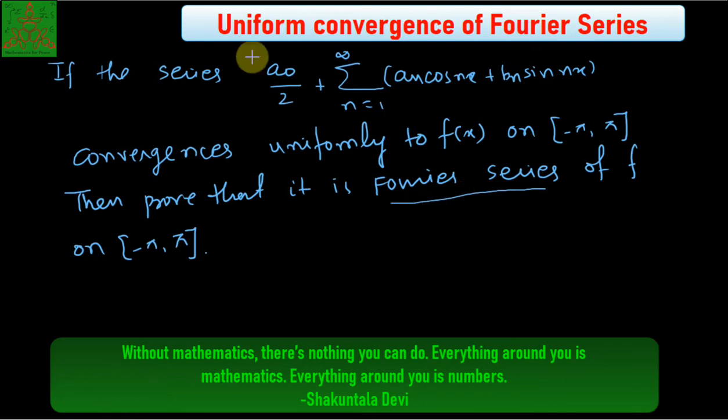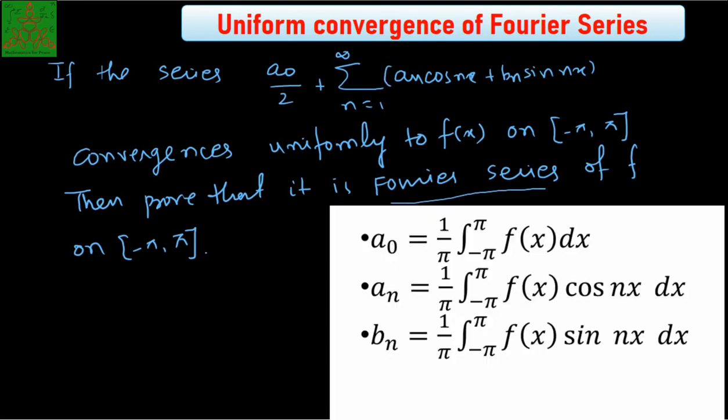This trigonometric series is called the Fourier series if A0 is 1 upon pi, integral from minus pi to pi of f of x dx, An is 1 upon pi, integral from minus pi to pi of f of x cos nx dx, and Bn is 1 upon pi, integral from minus pi to pi of f of x sin nx dx. Here also we are going to discuss the proof of this theorem.